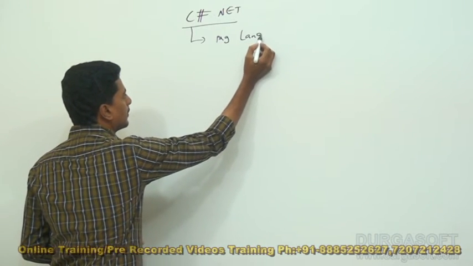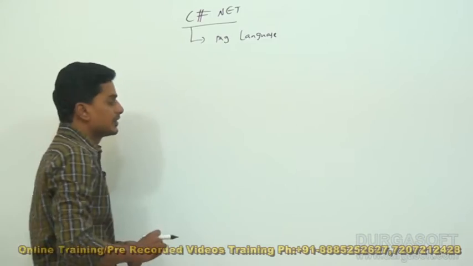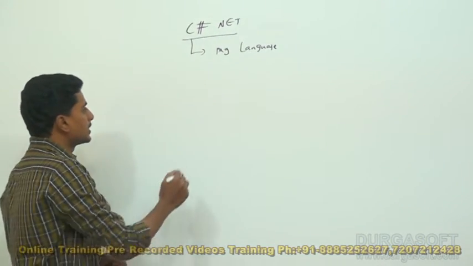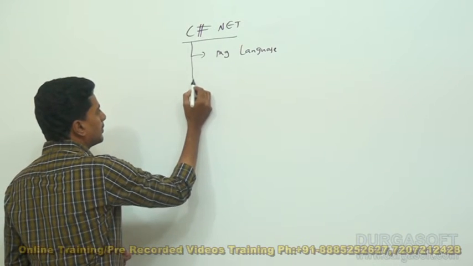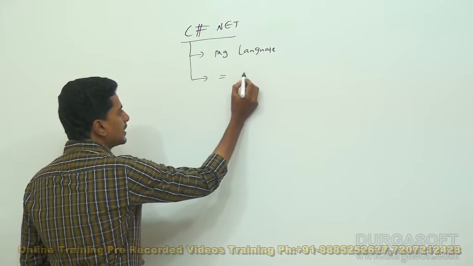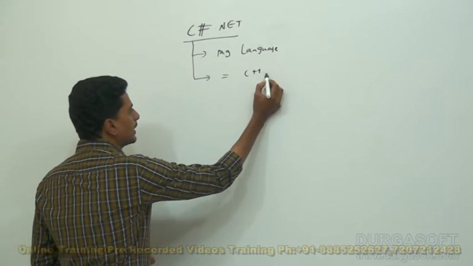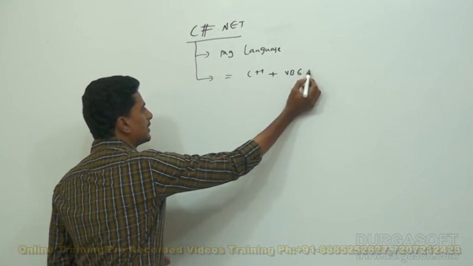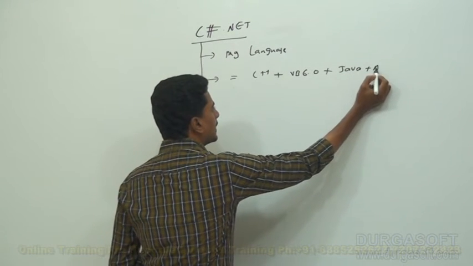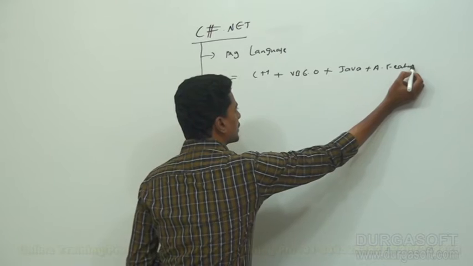C#.NET is a programming language which is used to write .NET code. It is a powerful programming language because C#.NET is equal to C++ plus VB 6.0 plus Java plus additional features.